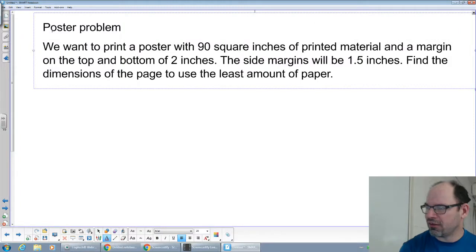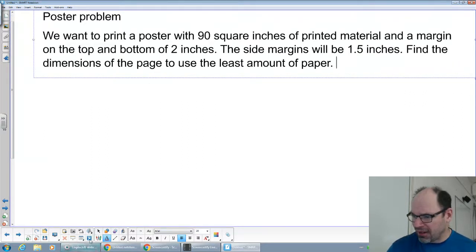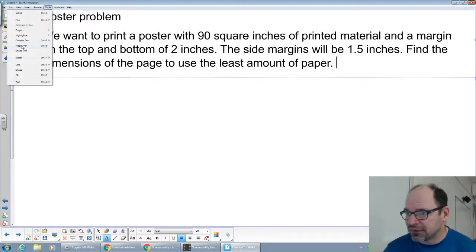So we're minimizing the area in this case again. Let's draw our picture so we see what's going on here. I'm going to have the printed material inside the other one. Let's draw rectangles here.